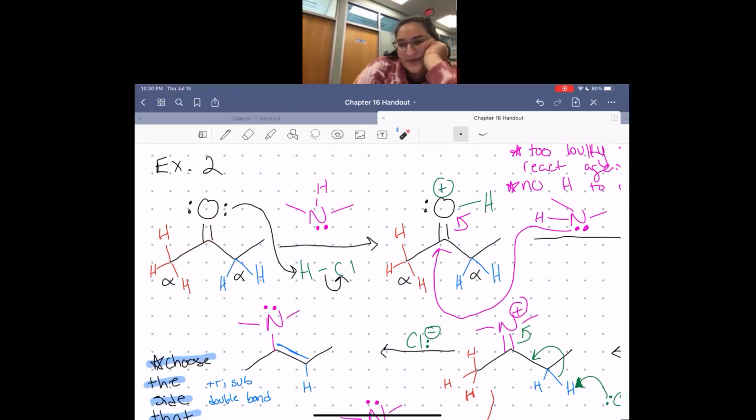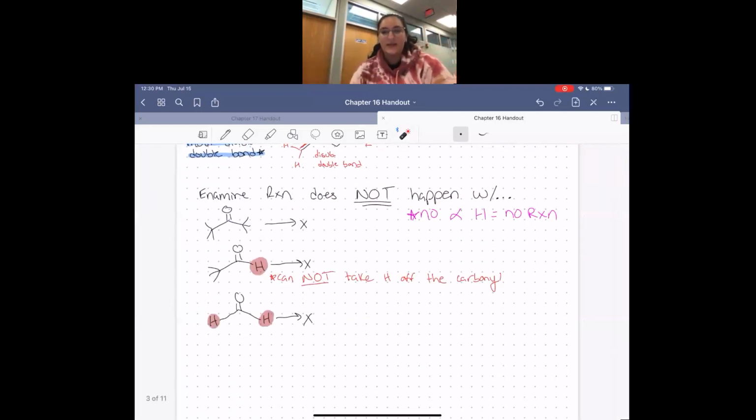Beta hydrogens can exist, but we can't use them. So very specifically, it has to be alpha. So the reaction will not happen if the alpha positions are fully substituted, or if the only hydrogen is available on the carbonyl. Because again, it has to be on the alpha carbon. It cannot be on the carbonyl carbon.